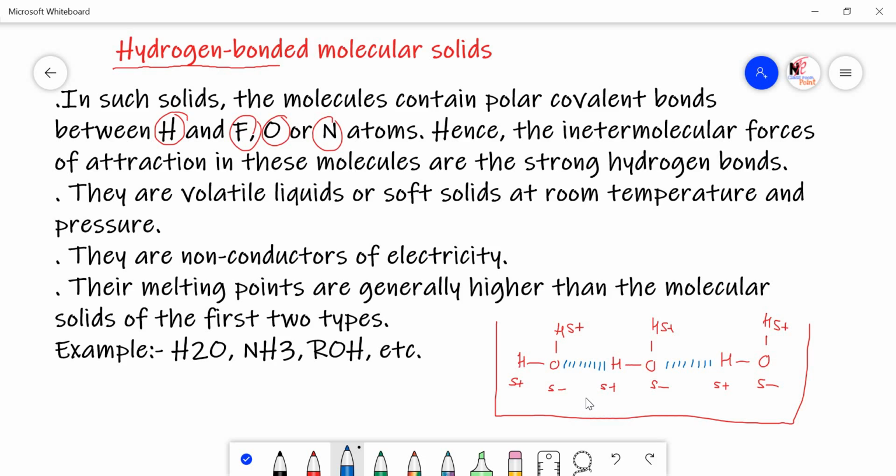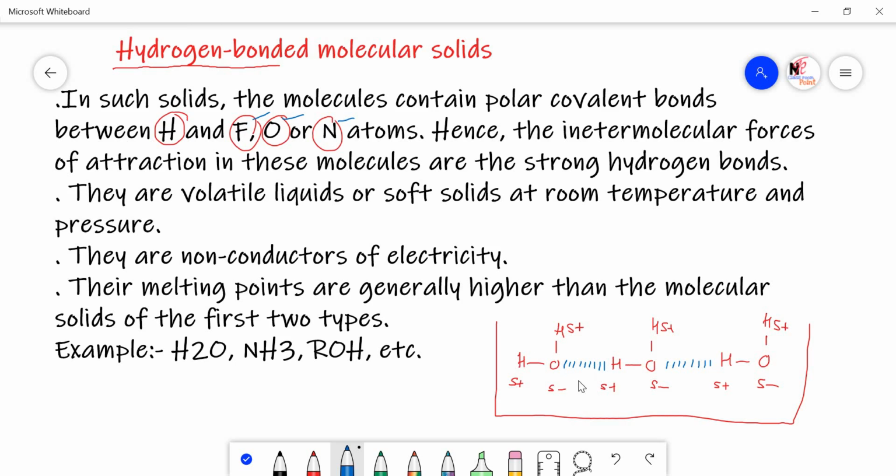So dipole-dipole interaction, if it is formed between partial positive charge, partial negative charge of any molecules, is called dipole-dipole interaction. But if the same dipole-dipole interaction is observed between the hydrogen along with any of these atoms, either fluorine or oxygen or nitrogen, such type of dipole-dipole interactions are called the hydrogen bond.